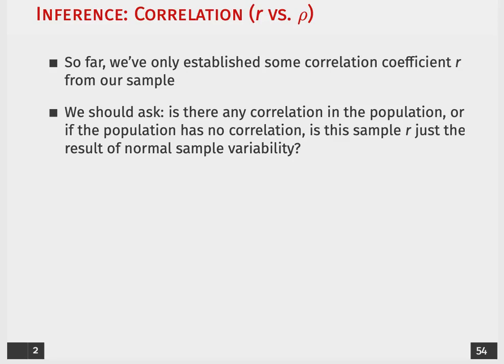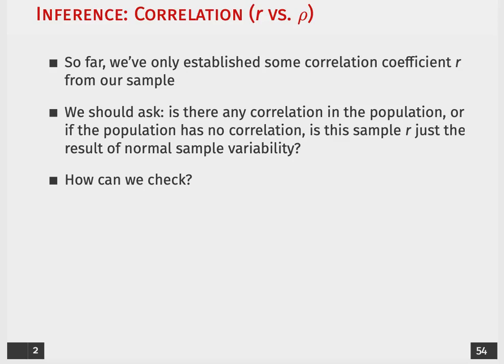Like we'll anticipate that there's going to be some samples that we'll get that are just going to be abnormal variations of what we observe. So we want to know, is this one of those instances, or are we actually observing a correlation that exists in the population? So how can we check?